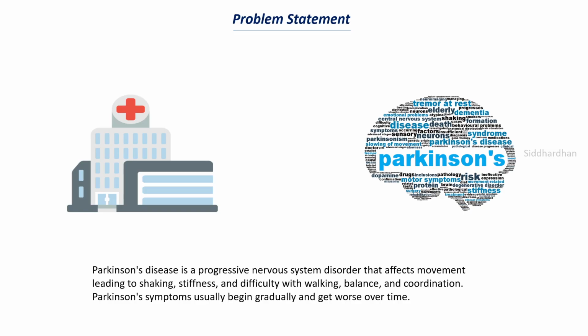I'll also explain more about this disease as we go through this video. Now let's understand the workflow we are going to follow. The first thing we need in machine learning is the data which we use to train our model.